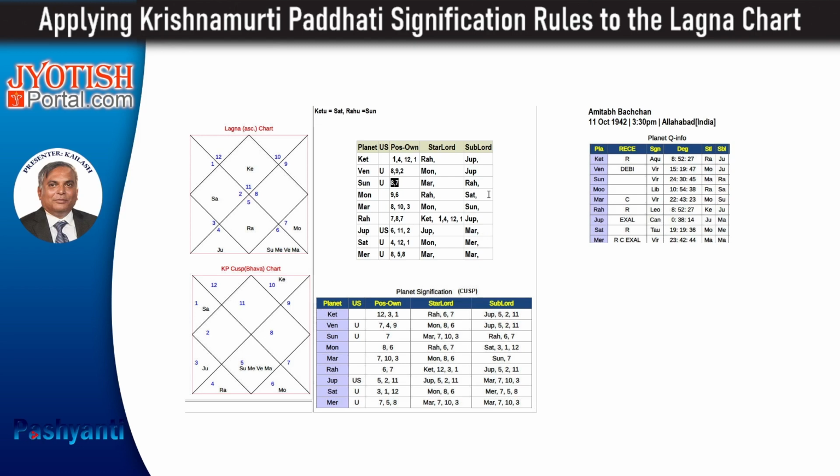So let's look at the Sun. Sun we find here, so we'll put Sun over here, and then we have the Moon. Moon is here, and Moon is also here. Mars, and Mars is here, and then Mars. And then you have Rahu. Rahu is here.